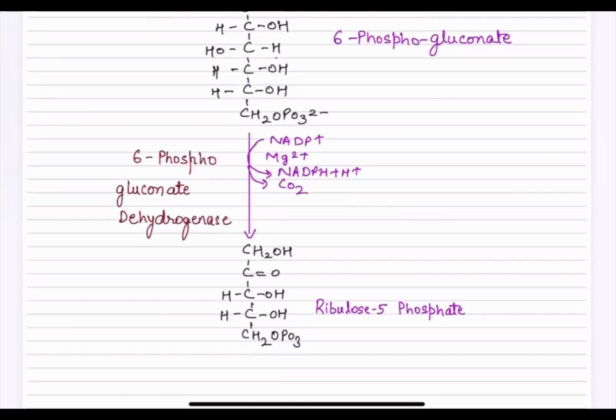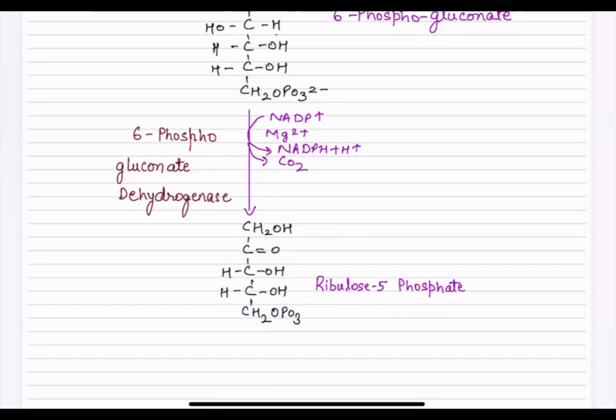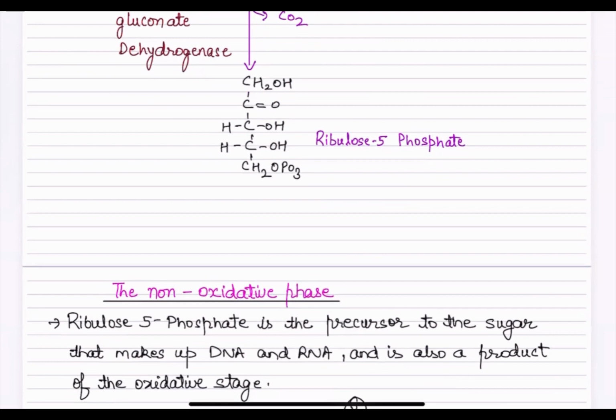And finally, the enzyme 6-phosphogluconate dehydrogenase acts, which produces another NADPH reduced form and converts 6-phosphogluconate to ribulose 5-phosphate. In the oxidative phase, NADPH is generated. Now comes the second phase, in which synthesis of 5-carbon sugars takes place.